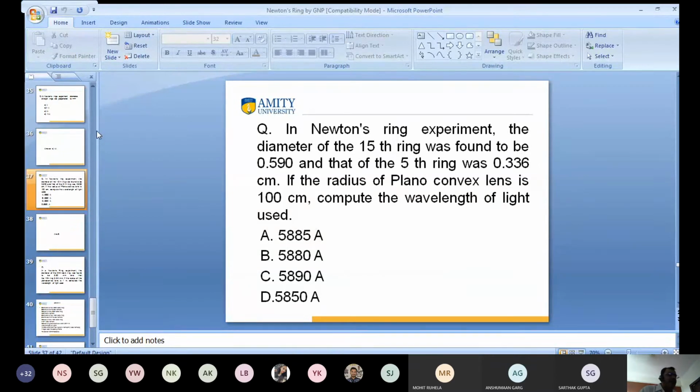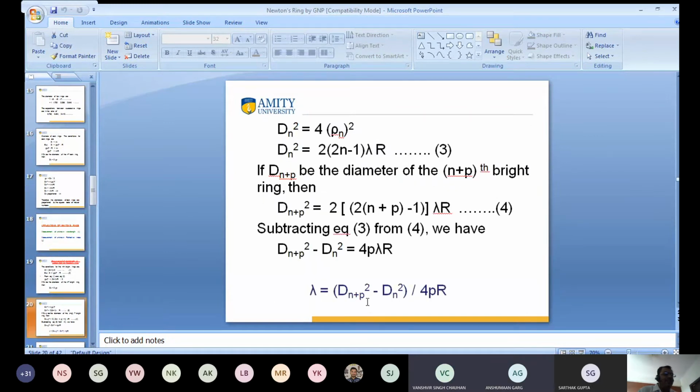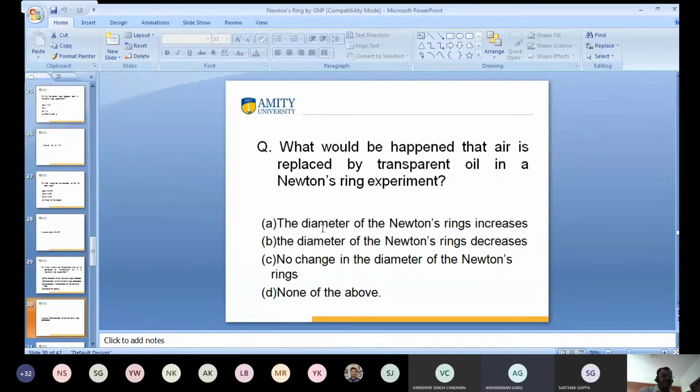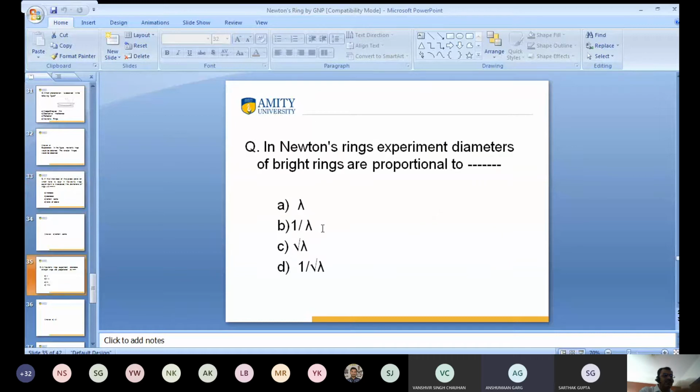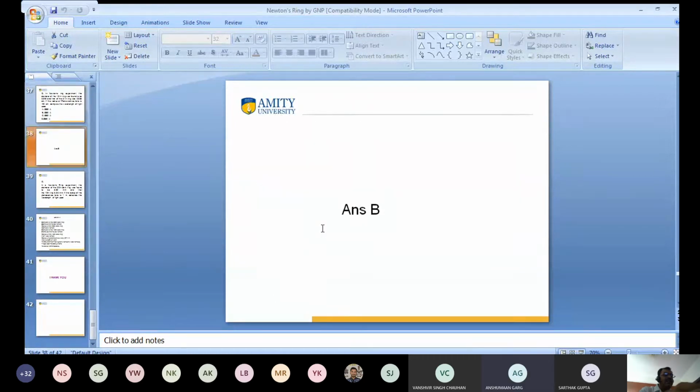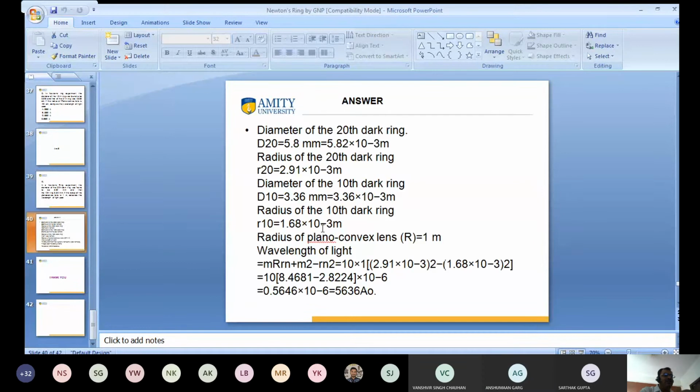Lambda equals Dn plus p squared minus Dn squared, divided by 4pR. You can calculate. I know you can do it. The answer is B. There are so many questions, so you do them.